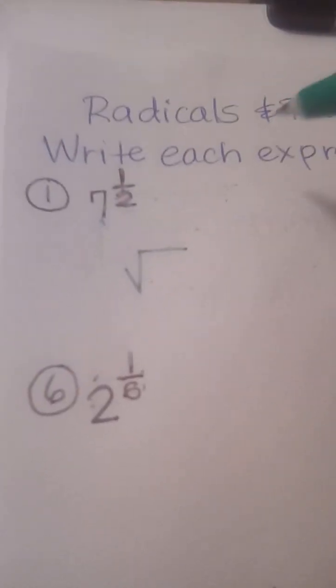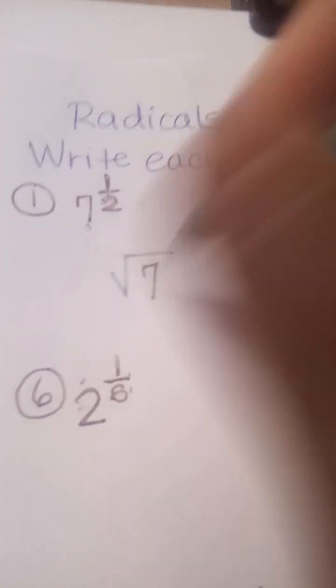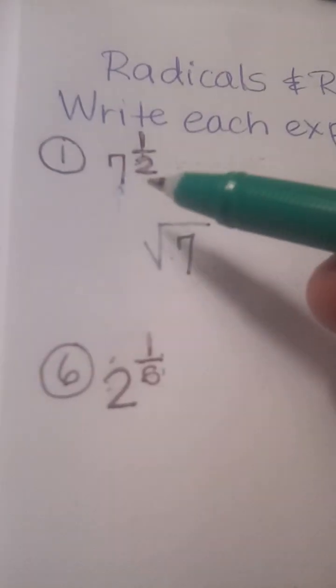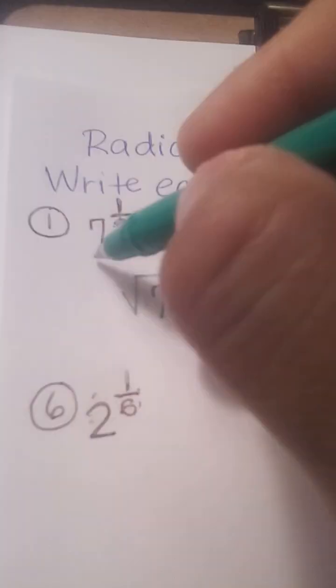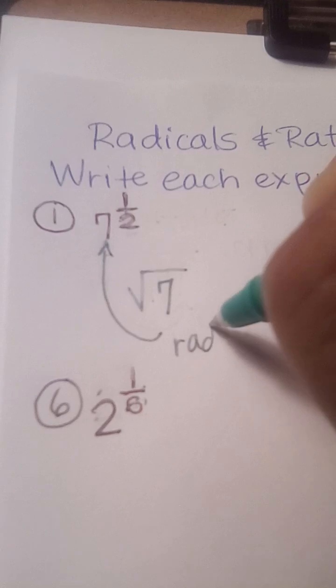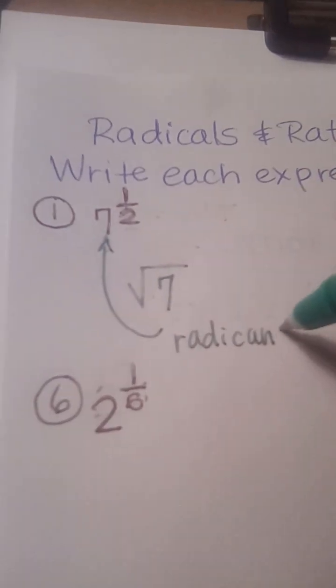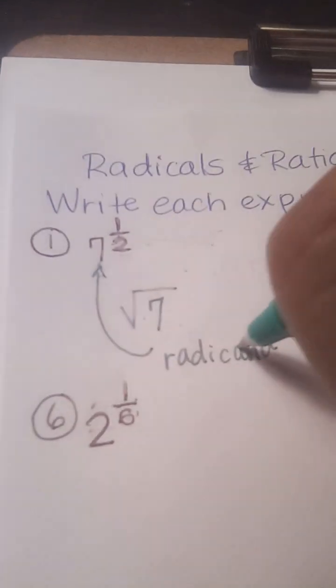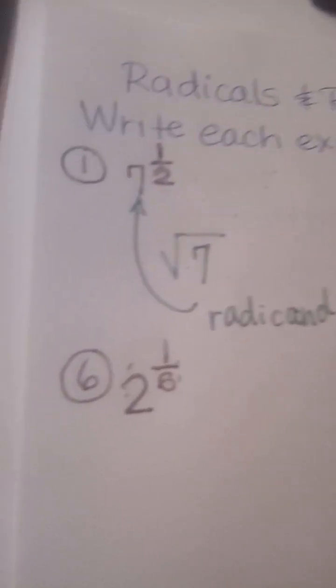If you said 7, you're correct. That is our radicand. There you go. So far, so good?